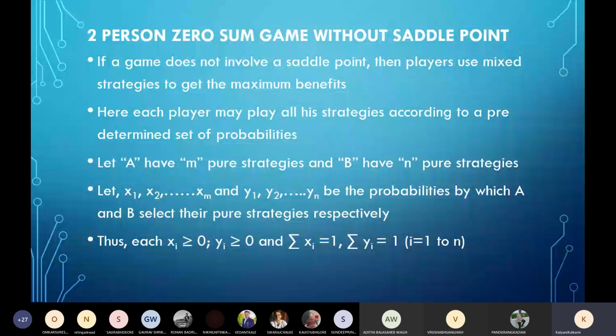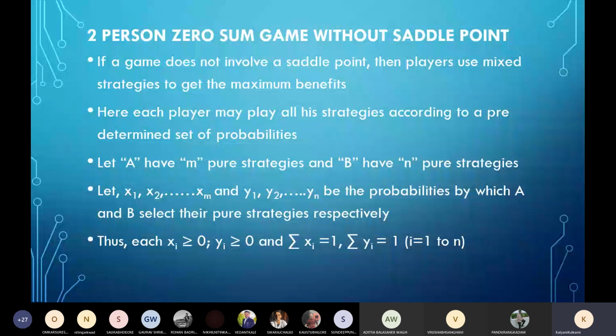There won't be an example which will give you a saddle point in the first stage. So star this: 2 person zero sum game without saddle point. It is usually known as a mixed strategy game.